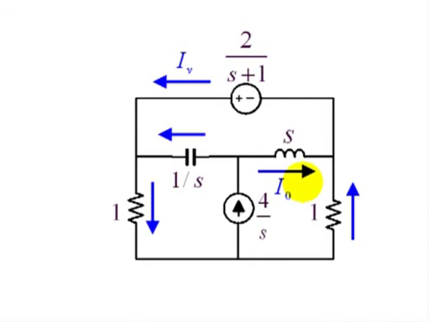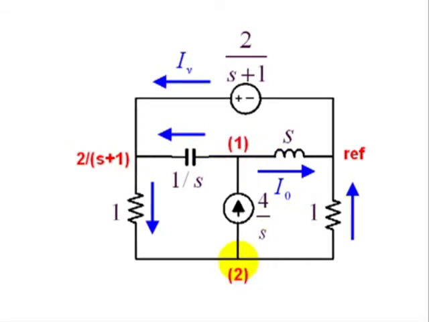Observe, if I choose this one as my reference node, the negative of one voltage branch, then the voltage on this other node is not unknown. I don't need to write a KCL equation for that one. I say if this is my reference, the voltage of this node is the value of the source, 2 over s plus 1. And then I have only to worry about the other two nodes, nodes 1 and 2.